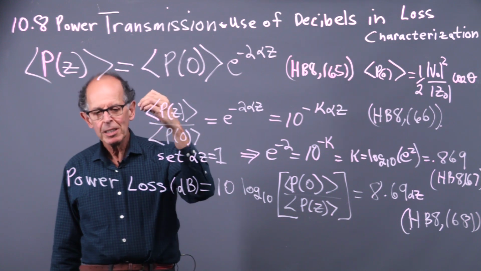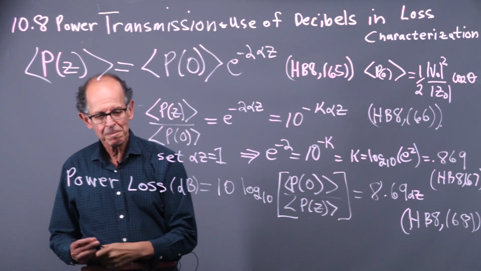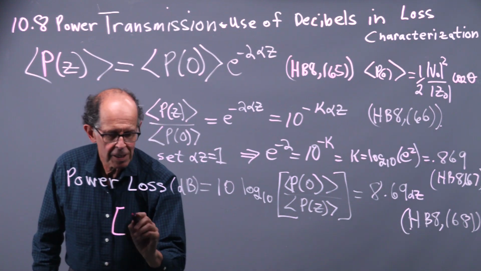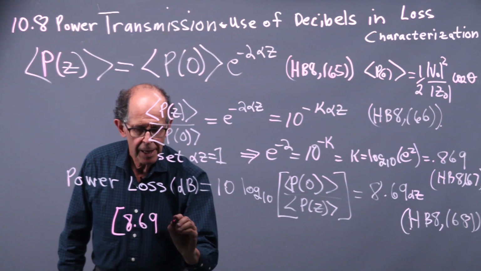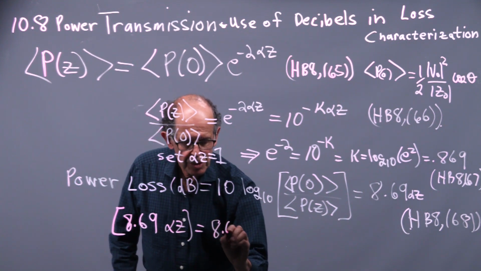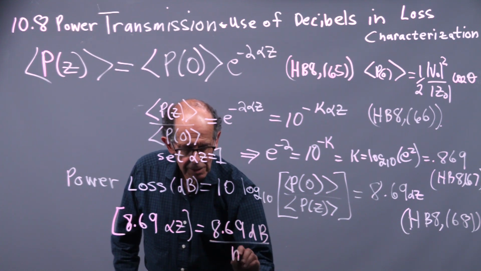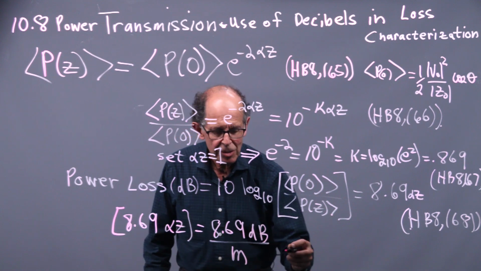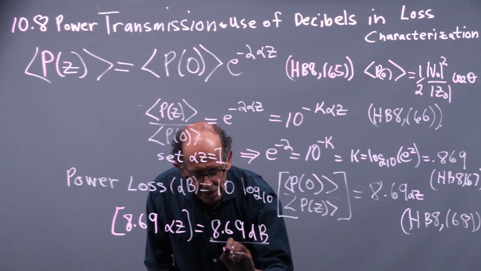Then alpha in nepers per meter, so you get dB over units of meter. 8.69 alpha is actually 8.69 dB per meter.